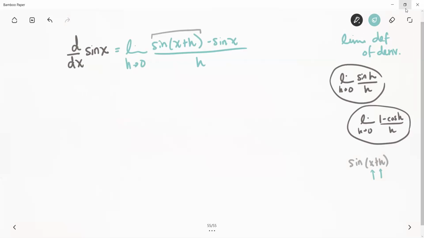Anything inside a sine of blah, those are angles in there. Angles have to go in. And so that means that the x and the h that we have right here are technically two angles added together.